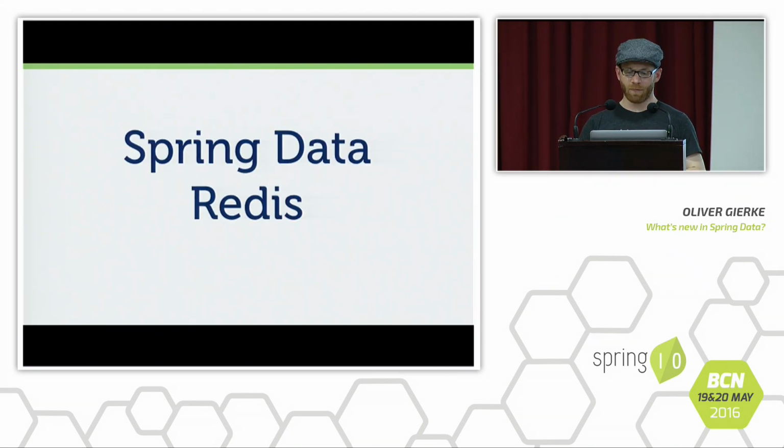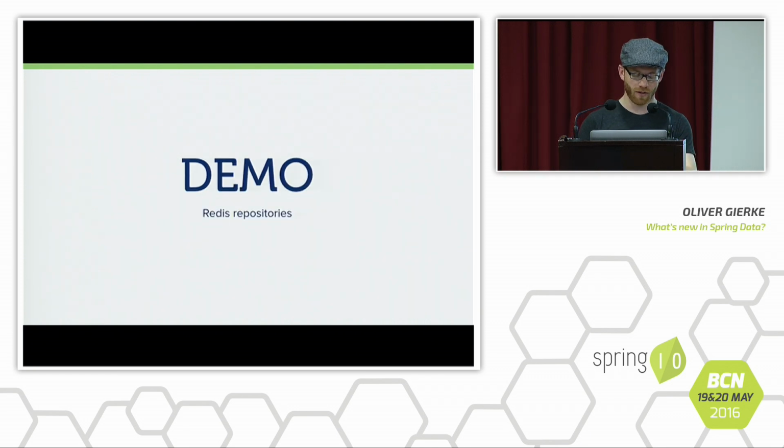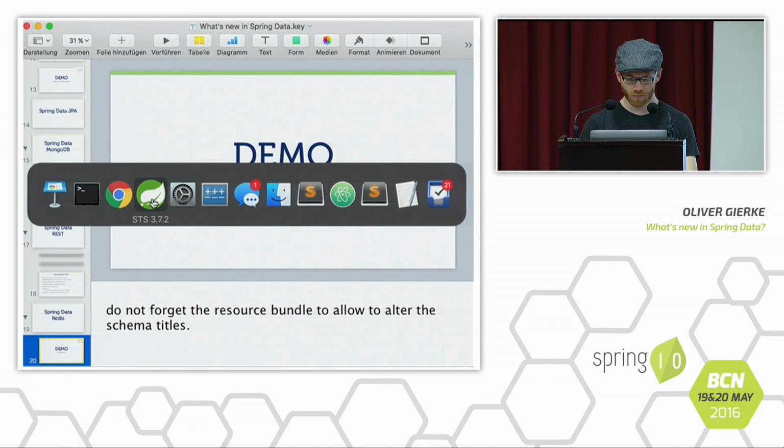Anyway, in the Hopper release, quite some work has gone into teaching Spring Data Redis object mapping and repositories. Redis is the key value store, mostly used for caching. Let me briefly show you the code.